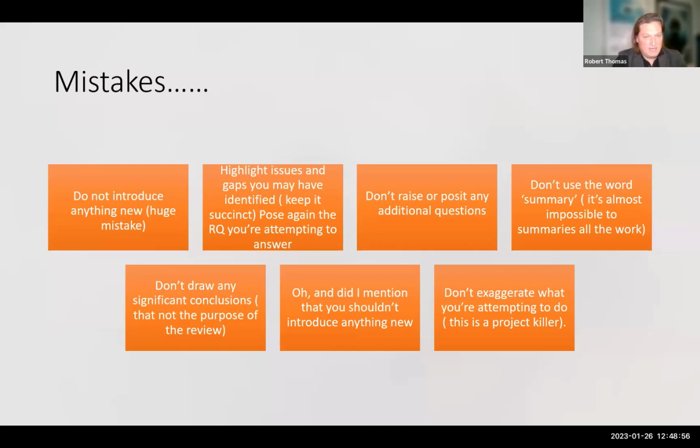And one mistake that I see a lot is that people draw conclusions from their work. It's impossible to draw a significant conclusion from a literature review because you've got two central arguments. You've got your central and your counter arguments, so it's physically impossible for you to arrive at a point where you can say definitively, this is fact, okay? So don't do that, and please avoid these elements.